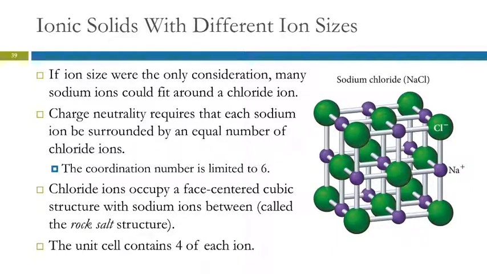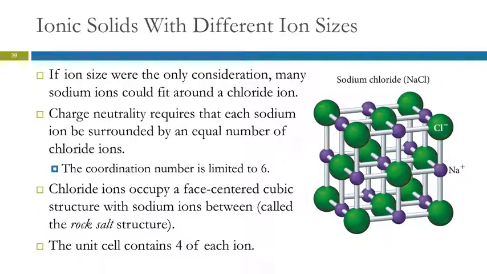So we have to have an equal number of each. So that will end up with this structure where we have a coordination number of 6. So if we look at the sodium ion, it's in contact with 1, 2, 3, 4, 5, 6 different ions. So the coordination number is 6.